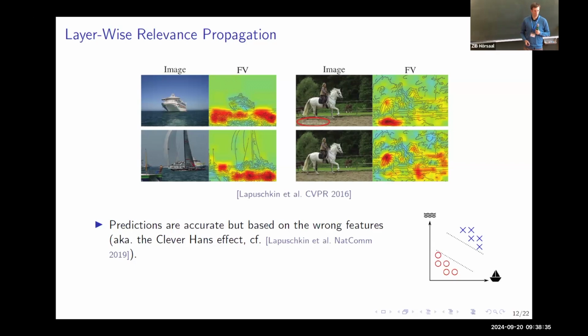And same for these images of a horse. As soon as you remove the copyright tag, or you add it on some other classes, you will start to have some prediction errors. So this is a little bit like the same drawing as I was making in the previous slide, where you have your two features, x1 and x2. x1 is the boat in that case, x2 is the water. x1 is the feature you should use to produce a good model, but the model just looks at the data and thinks, oh, let's try to use both. And in fact, the water is just so easy to detect that I will use mostly the water.